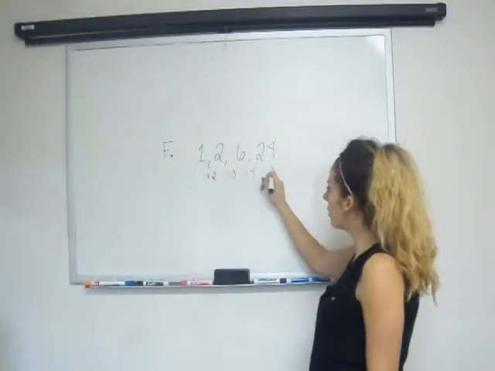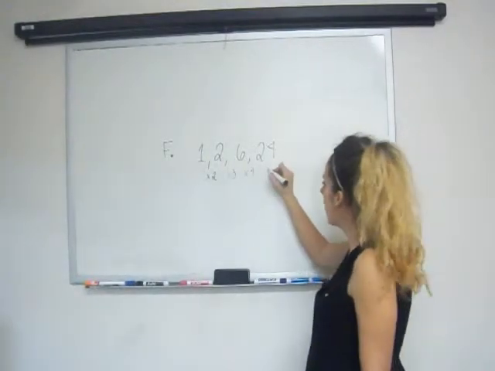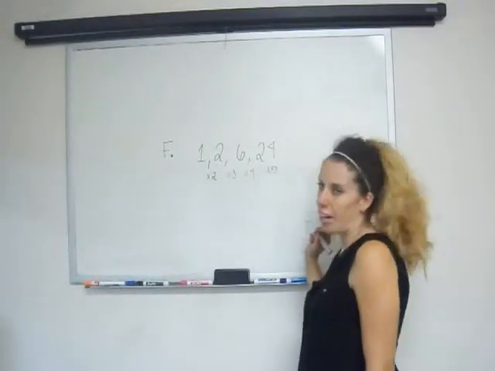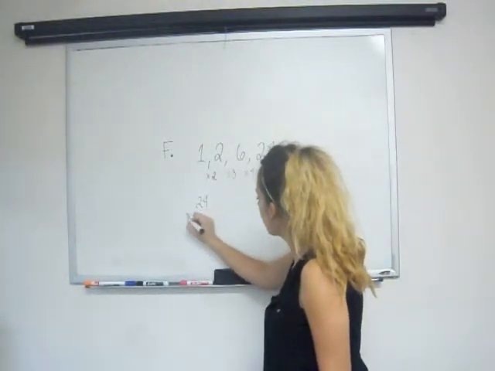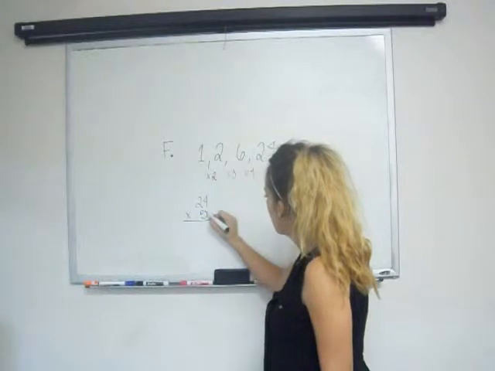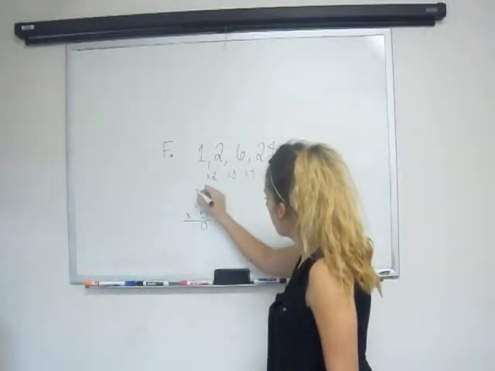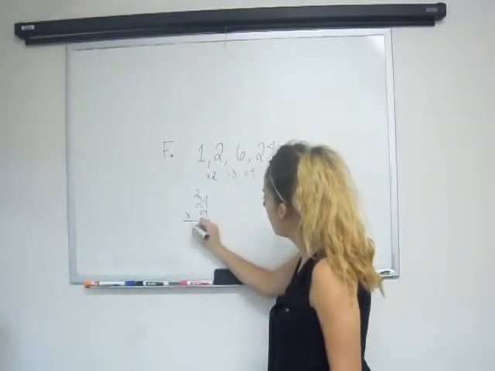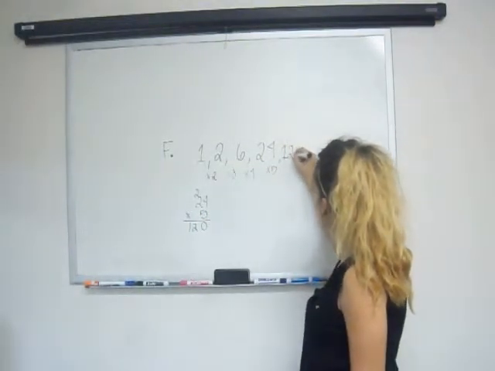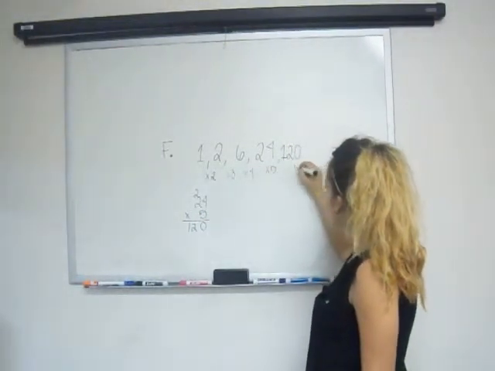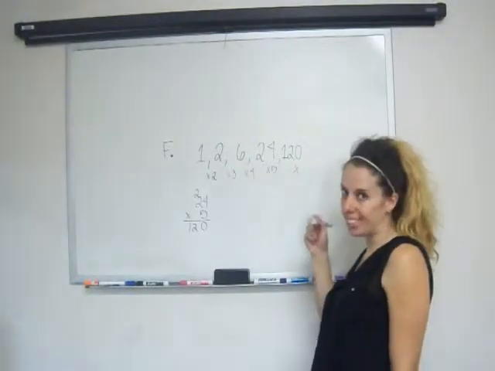So if I'm looking at this one, we got to do 24 times 5, and I don't know that in my head, so I'm going to do 24 times 5 right here on the side. So 5 times 4 is 20, 5 times 2 is 10. So 120 looks to be our next term, and then it looks like we need to multiply by 6.